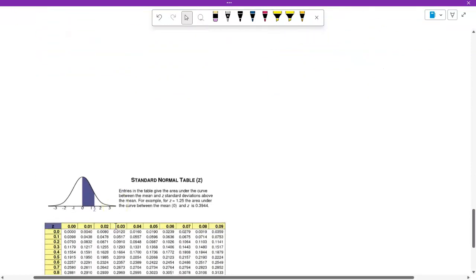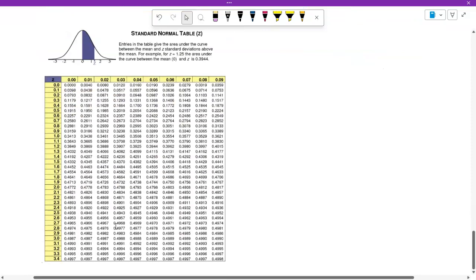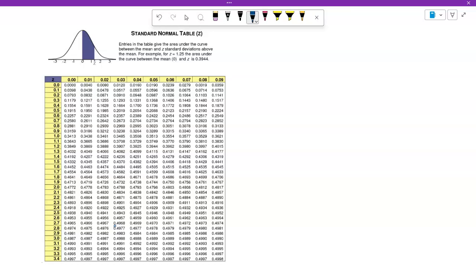And here's why: because I'm using this standard normal table, and this particular table gives me the values between 0 and z. So it's giving me this area, which is good because I want 2 of those. I'll take 2.